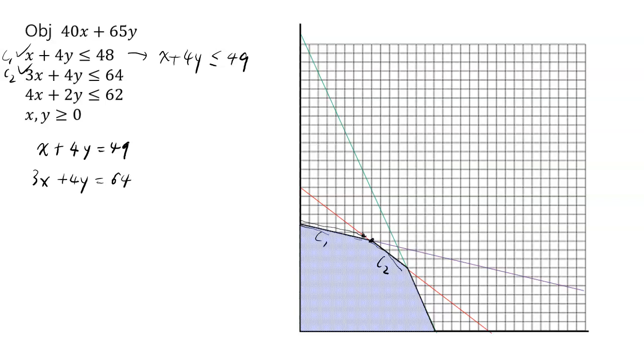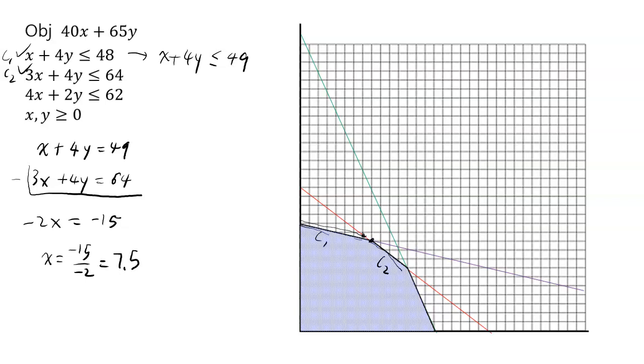Now you can use any of the 4 methods I explained in the previous videos to solve this, but I like just subtracting them because if you subtract them, then 4y cancels. So this is negative 2x, and this will be negative 15. So that's going to give you that x is equal to negative 15 over negative 2, which is 7.5.